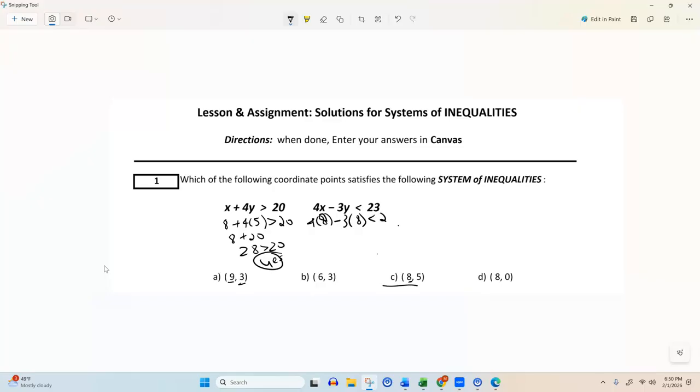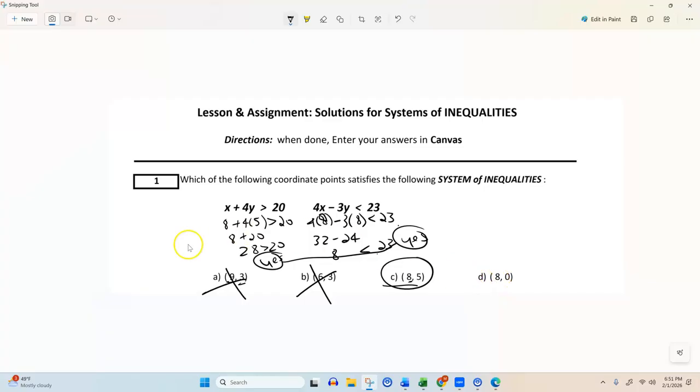Is that less than 23? This is 32 minus 24. That's 8. Is 8 less than 23? Yes. So we get yes and yes when we try this one. So that's our correct answer. Does that make sense? If you tried B, you found out that B didn't work and A didn't work, but C is the only one that works. You can try D if you want, but it doesn't work.